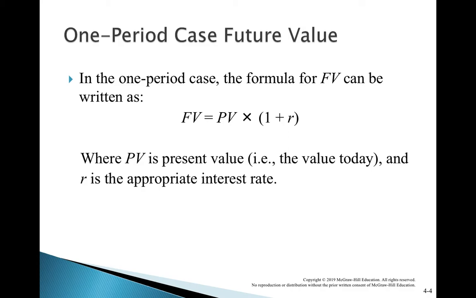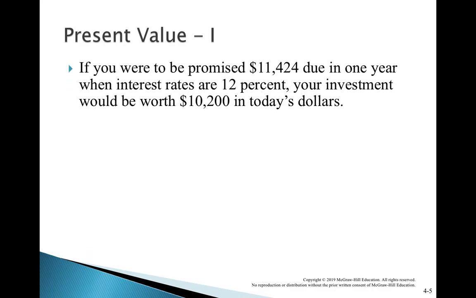Future value divided by 1 plus R. So, do this. You are being promised 11,424 in 1 year. The interest rate is 12%. Anything at a future date means it is future value. So 11,424 is the future value. The rate of interest is 12%. What is the present value today? Very simple. Future value divided by 1 plus R.